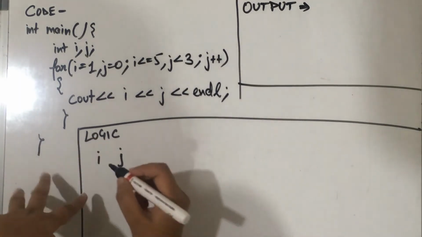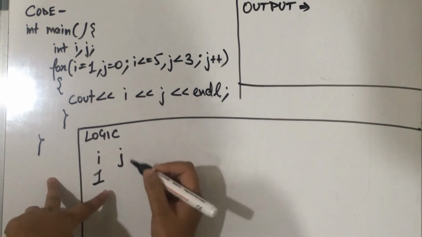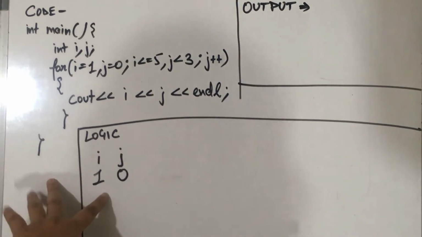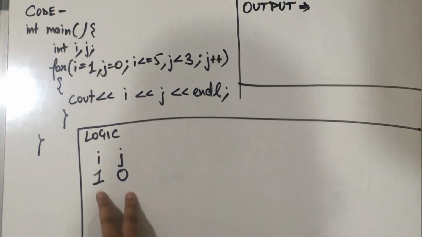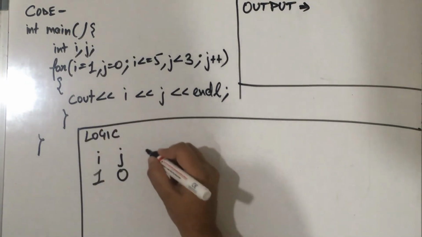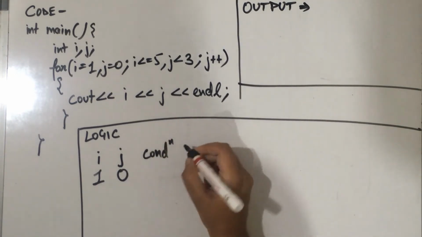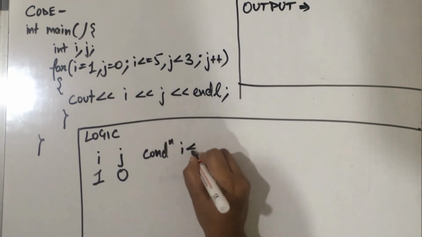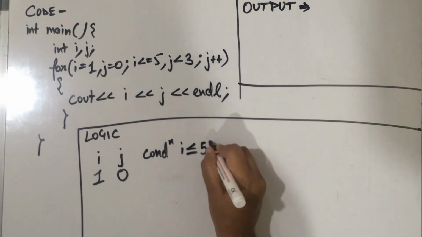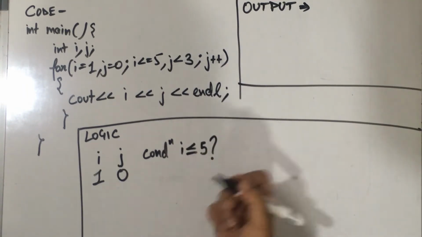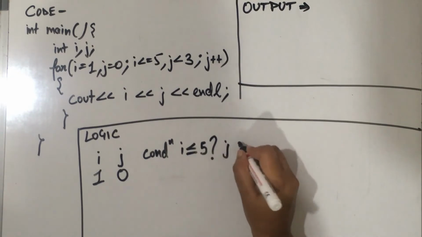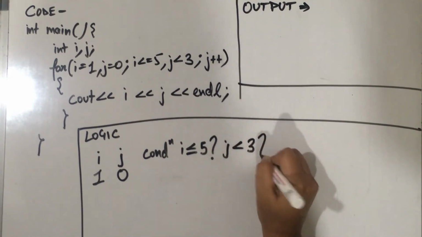So i is 1 and j is 0 as my initialized values. Next I'll check the condition: is i less than or equal to 5? I'll write a question mark just because it's a condition, and is j less than 3, another question mark.